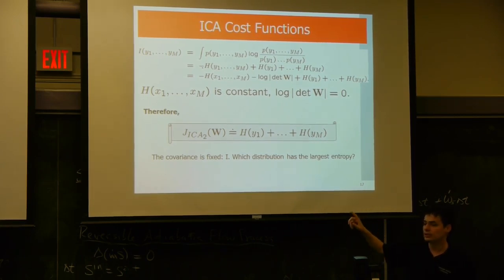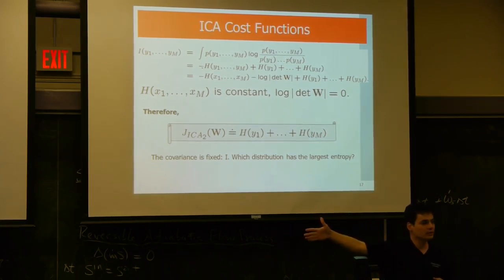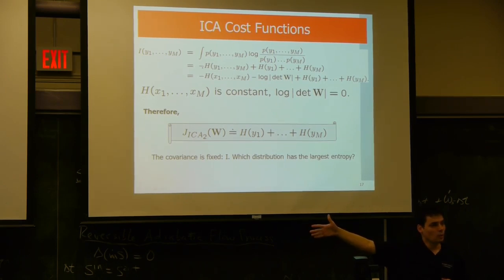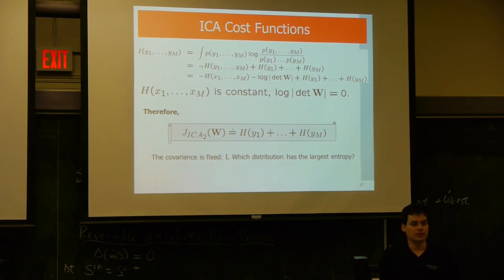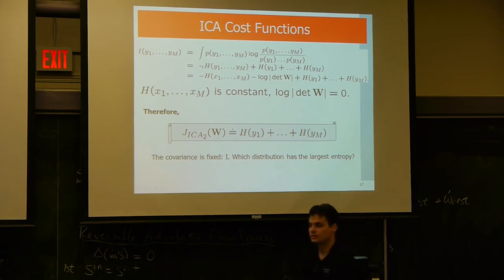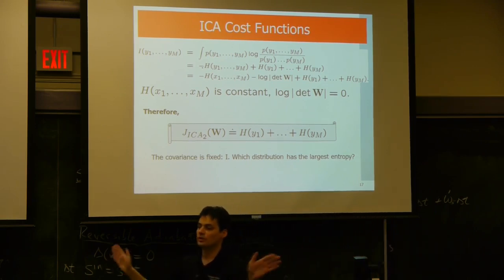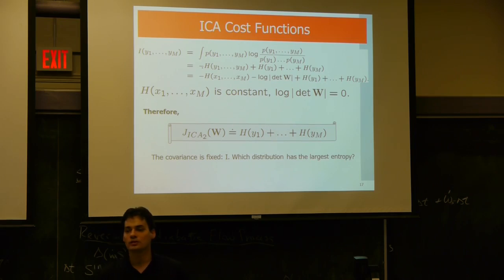So now the question is, if you fix the covariance matrix to identity, what is the distribution that has the largest entropy? Forget that. What's the distribution that has the largest entropy generally?